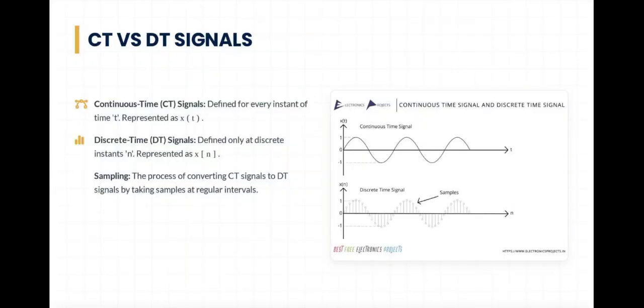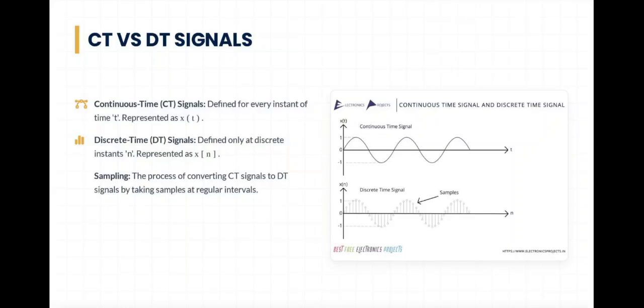Let's come to the next slide to know about signals a little bit more in depth. Here we can see the difference between continuous time and discrete time signals. A continuous time signal, represented as x(t), is defined for every instant of time. That's why in the upper graph the waveform is smooth and unbroken. Such signals commonly occur in nature, for example audio signals, analog voltage or temperature.